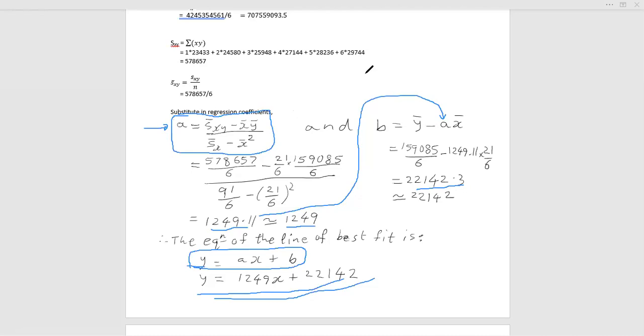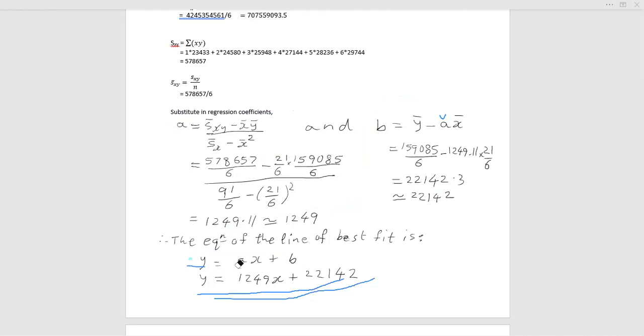Okay, I'm gonna erase these lines. I told you this regression line is for a scattered set of data points, which is like, let me show you.